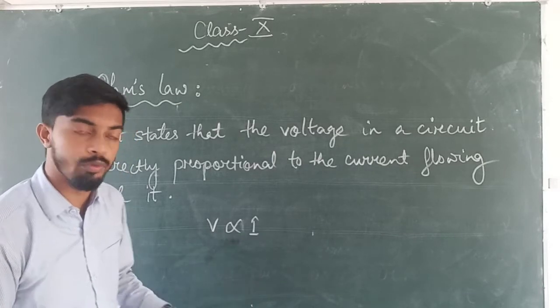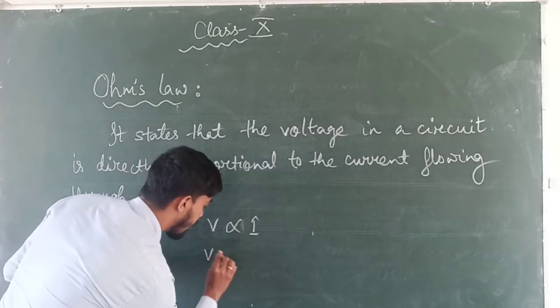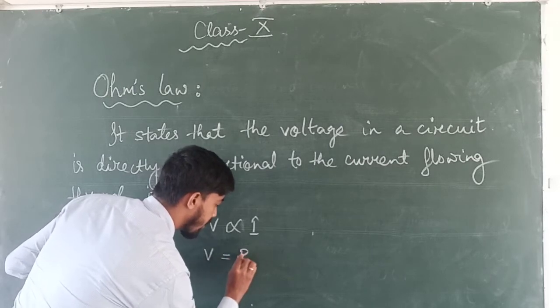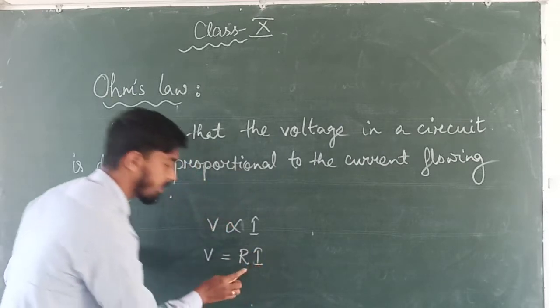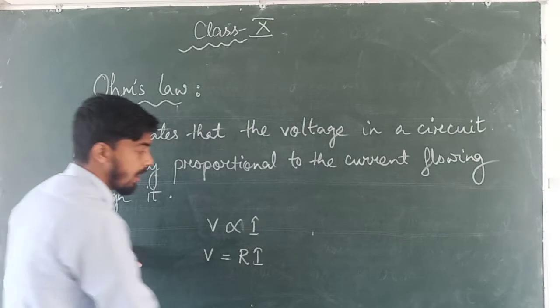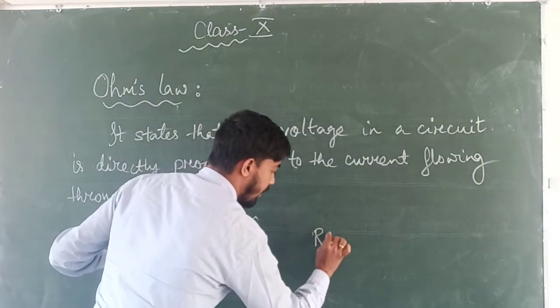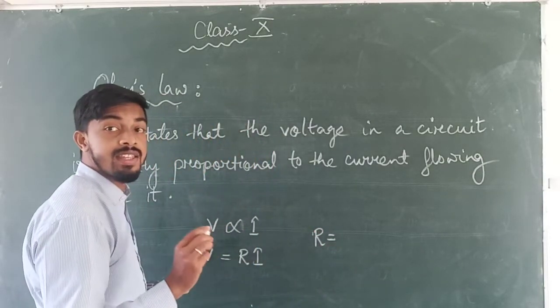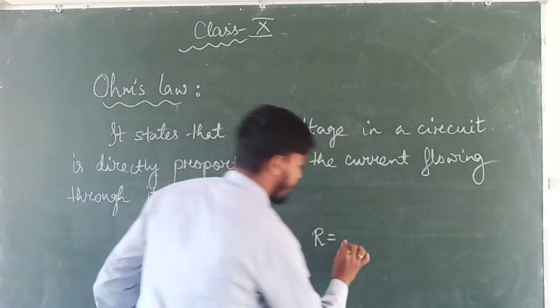This symbol is removed by this component R, and R is known as the resistance of any conductor.